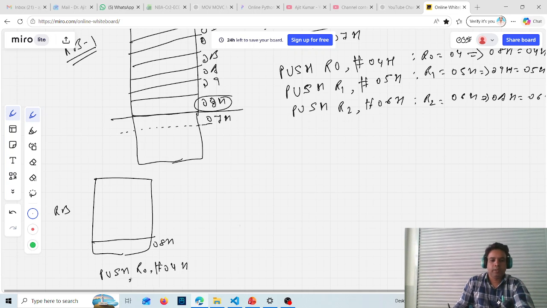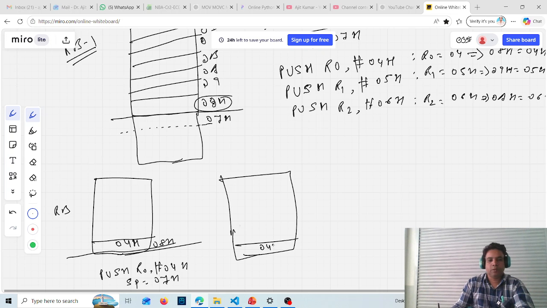At this time the SP was pointing to 07H. So what is the next address? The next address is 08H, and in that address the 04H will be loaded.